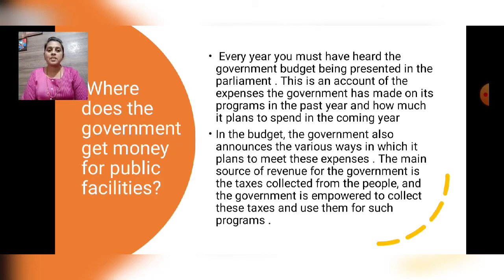As far as public facilities are concerned, the government also has different plans, the 5-year plans. You might have heard about the 5-year plans. If we see the history, the first 5-year plan was launched in 1951 to 56, the second one 56 to 61, and the third 61 to 66, like that. In between there were gaps also because the government changed and there was no proper 5-year administration at that time.